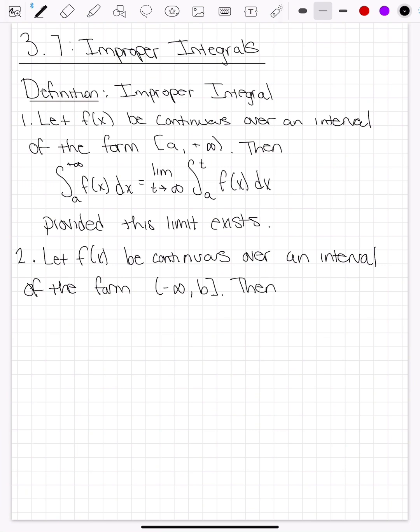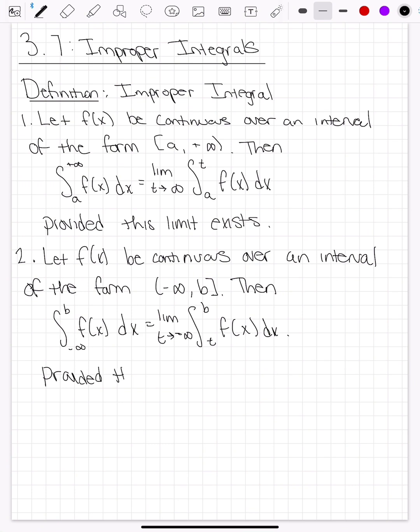Then, if you want to integrate f of x from negative infinity to b, similarly, what we're going to do is get rid of that infinite limit since we don't know how to deal with it, and then we're just going to take the limit of that as it approaches negative infinity. And again, we need the limit to exist.